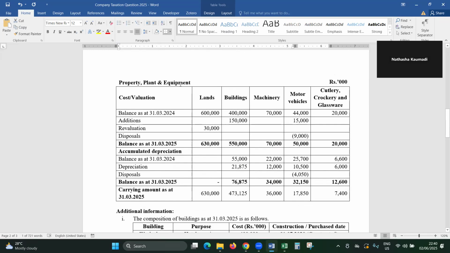If you go to PPE, you can see coming under accumulated depreciation section, under depreciation row, during the period depreciation has been calculated and given asset type wise. 21,875, 12,000, 10,500, and 6,000. When you add these together, total should equal 50,375.